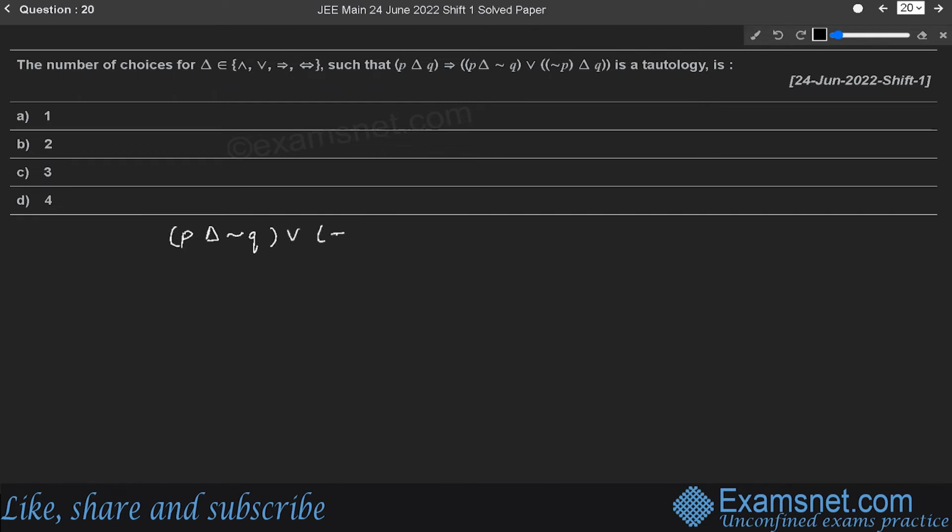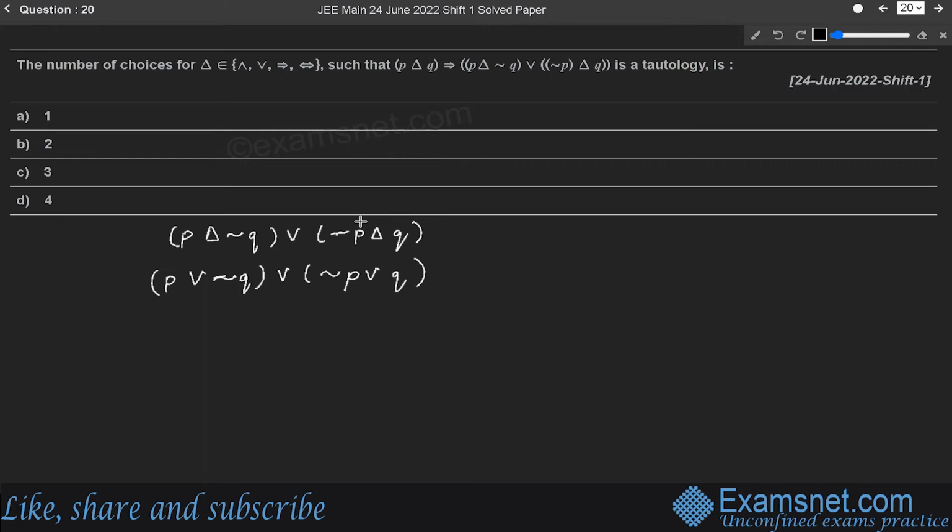union P delta Q becomes P union Q union P union Q, which is always true. So X becomes a tautology. Now, there are several cases.